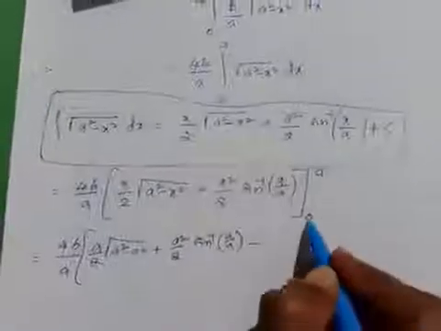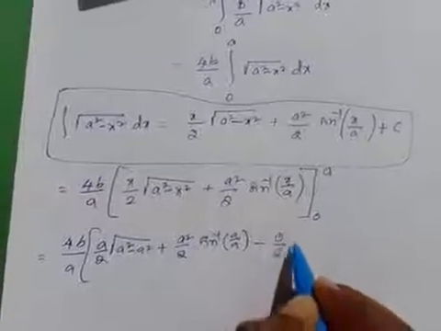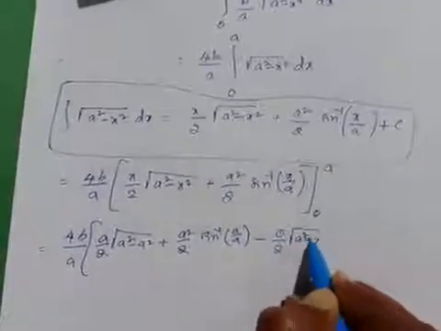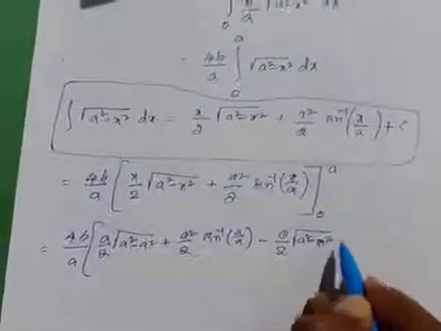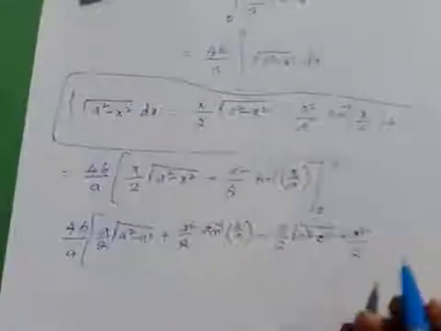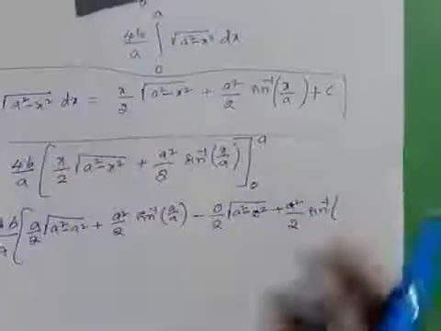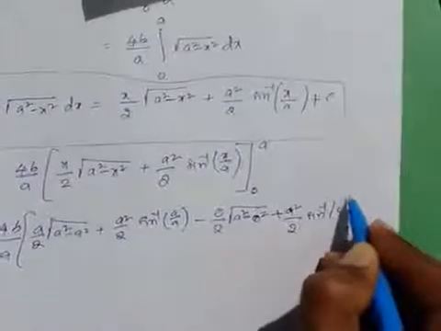Minus the lower limit. In x place substitute the lower limit, that is 0 by 2 under root a square minus 0 square, plus a square by 2 sine inverse of x by a, x value is 0 by a.